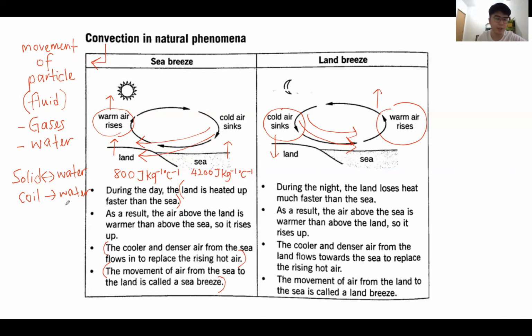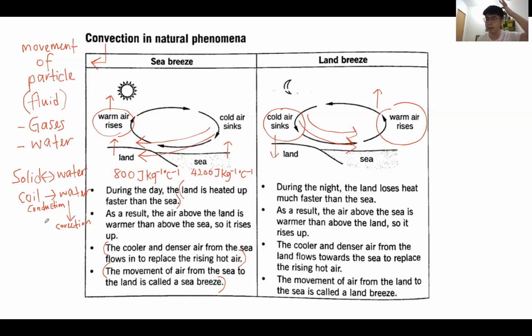And then when the heat goes to water, it's only the region of water surrounding the heating coil. When you want to distribute to all parts of the water, then it's true convection. So two modes at the same time. Conduction first, and then convection comes after. Convection is from water to all parts of the water.